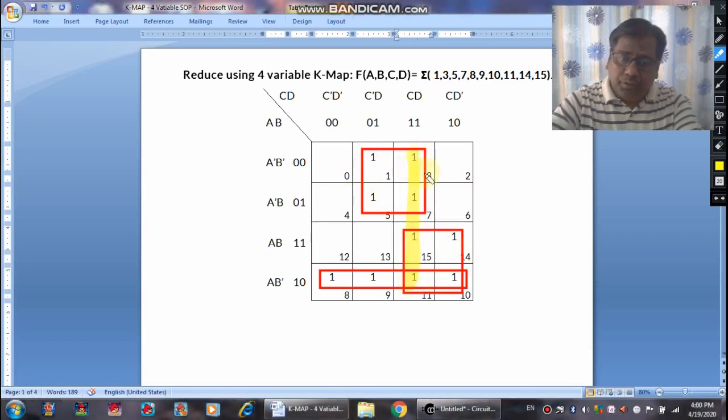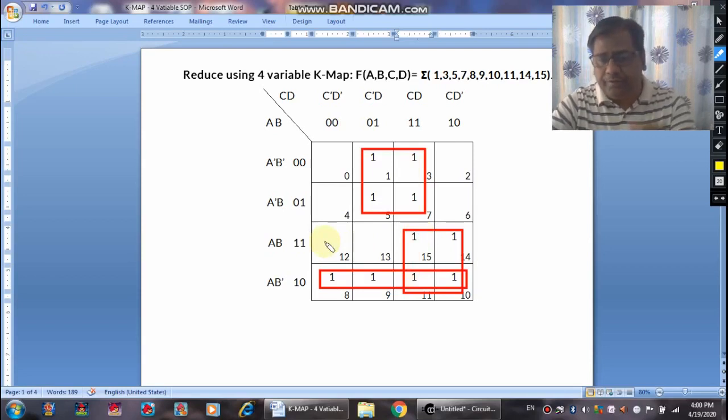If you put a quad over here and skip this one, that means you will be making a pair. Instead of a pair you should always prefer a quad. That's why the correct grouping for this K-map is 1, 3, 5, 7, then 15, 14, 11, 10, and then 8, 9, 10, 11.